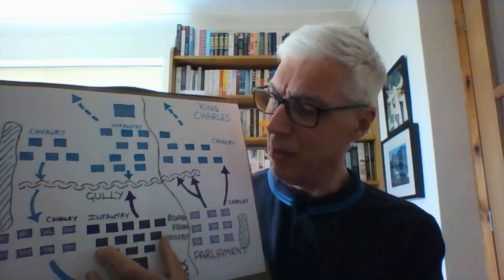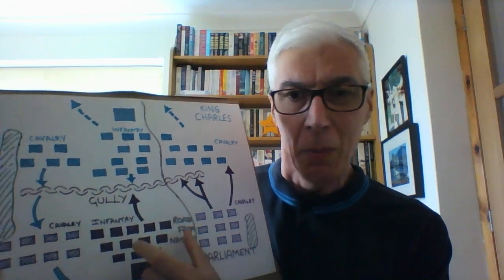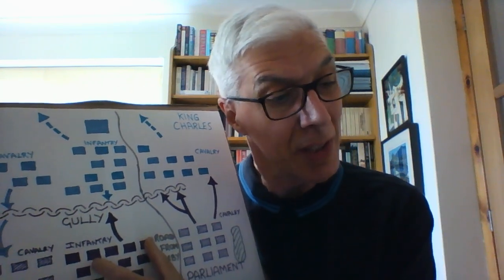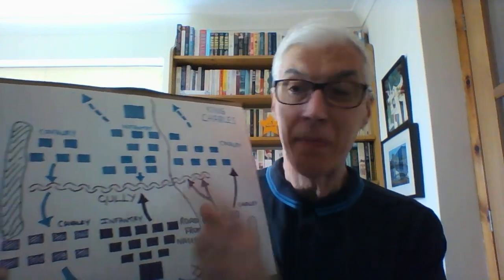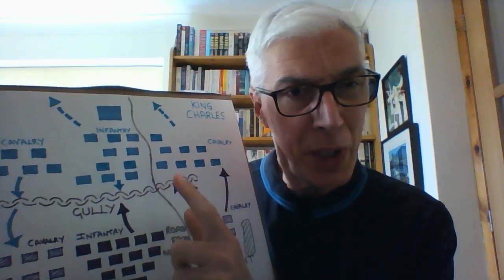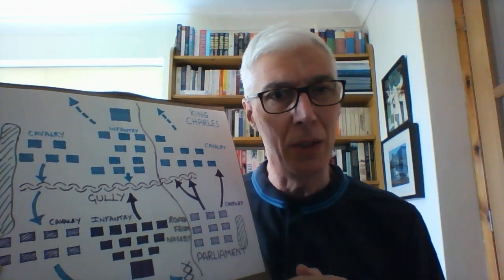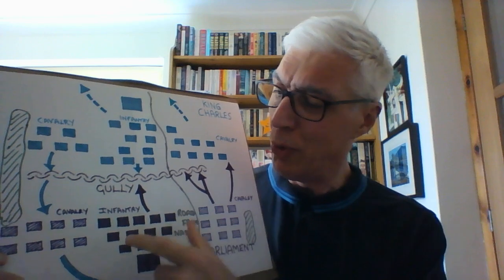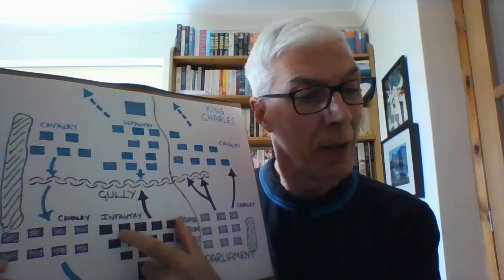What's going on in the middle? Well, both infantries attack. Both fire their muskets. But they probably use Swedish salvo. Remember, I talked about in previous videos either the Dutch square or the Swedish salvo, the musketeers firing at each other.